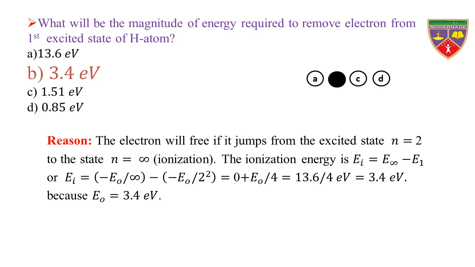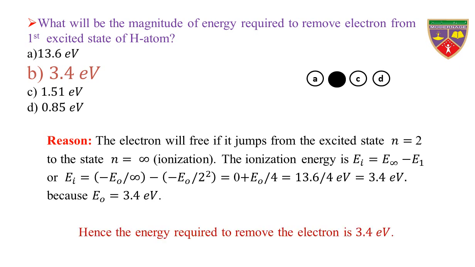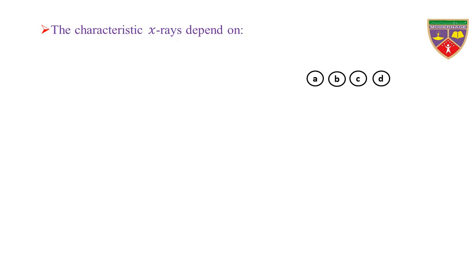Therefore, it is equal to 0 plus E naught divided by 4, which is equal to 13.6 divided by 4 electron volt, because E naught is equal to 13.6 electron volts, which is equal to 3.4 electron volts. Hence, the energy required to remove the electron is 3.4 electron volts.